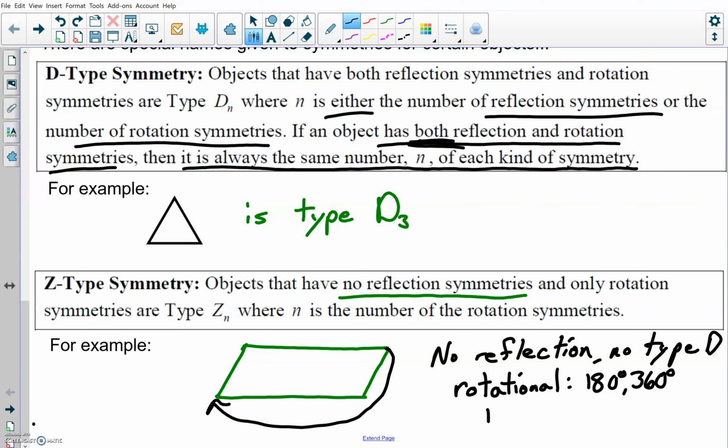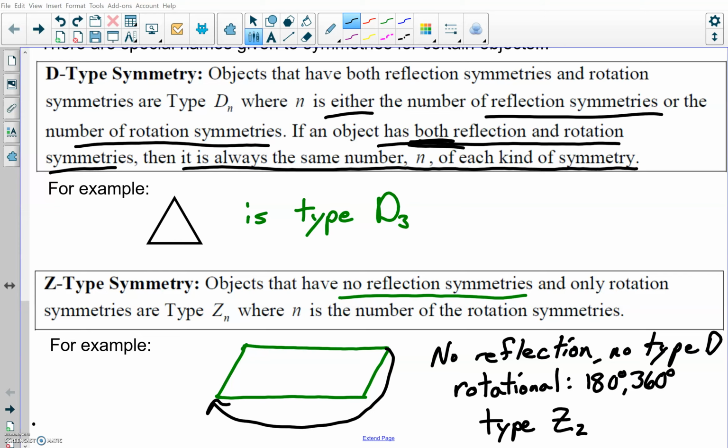So this would be a type Z2, Z sub 2. A lot of times when there's no reflection, it's just going to be a type Z1, but certain shapes like a parallelogram, and there's some others out there, maybe they got a little bit more, would be a higher subscript for the Z.